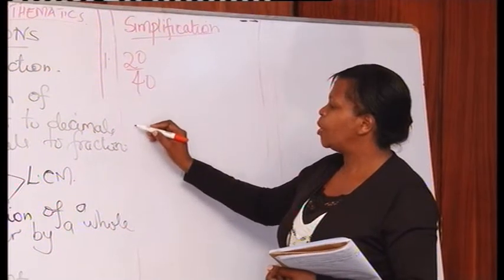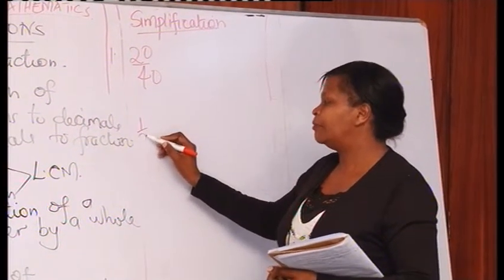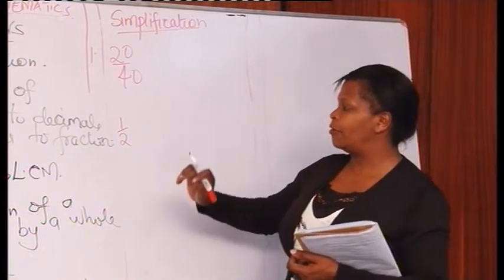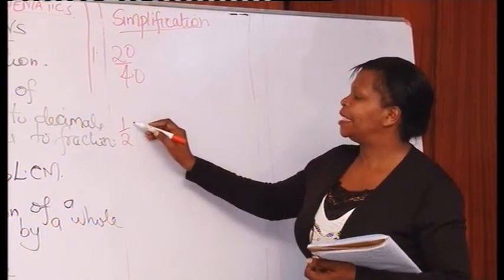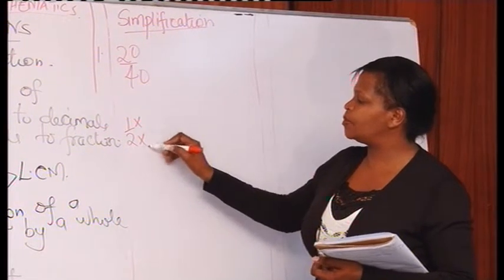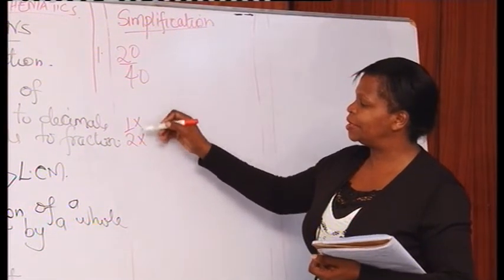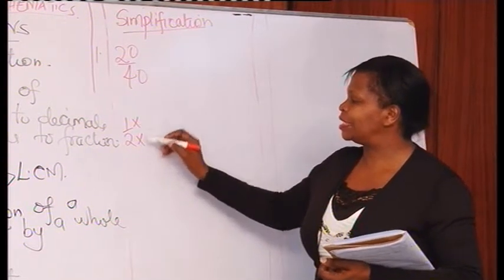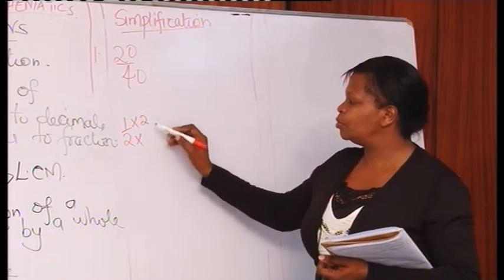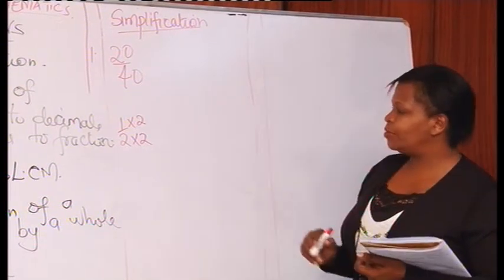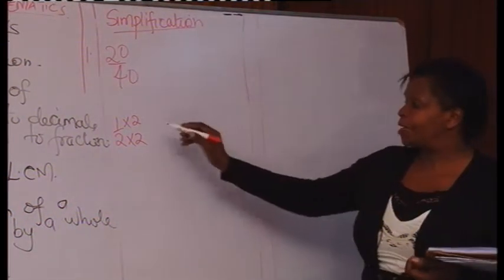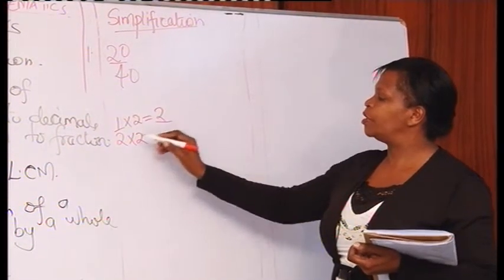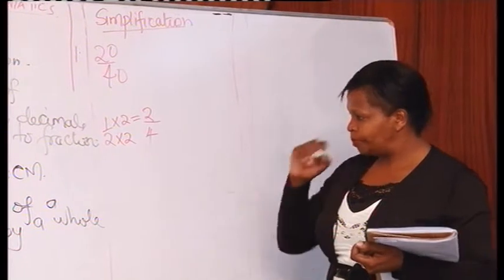For example, when you were in class 4, we looked for equivalent fractions of 1 over 2, whereby we were multiplying the two numbers, the numerator and the denominator, by a similar number. If I start with the smallest one, it will be 2. So I multiply both the numerator and the denominator by 2. Here, 1 times 2 will be 2, over 2 times 2 will give 4.